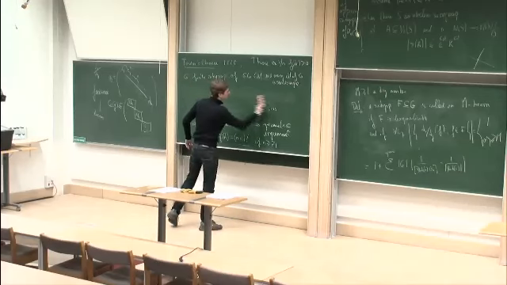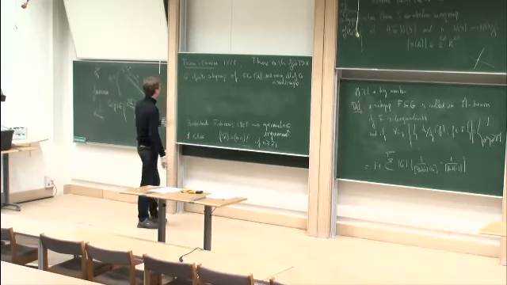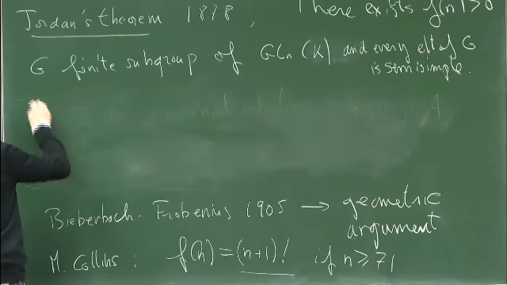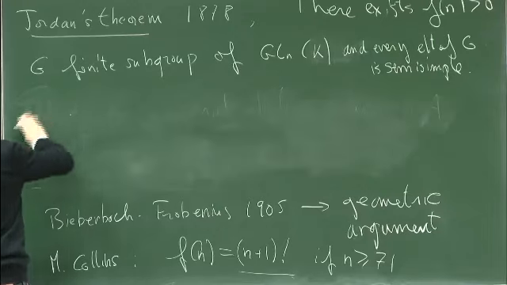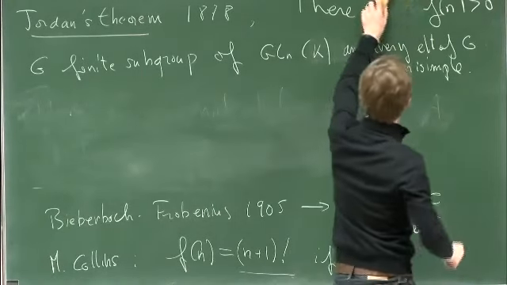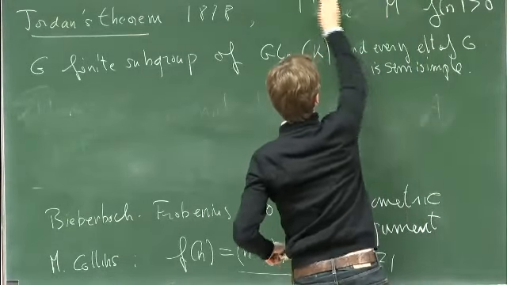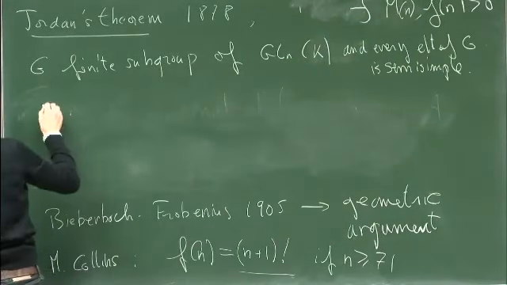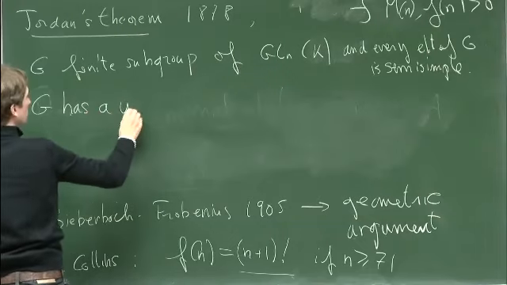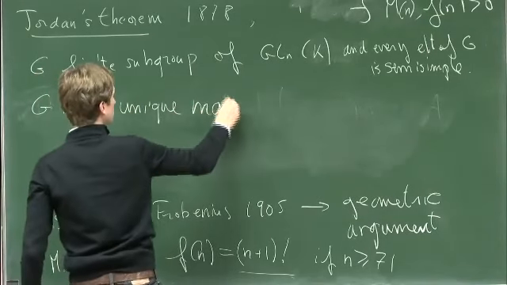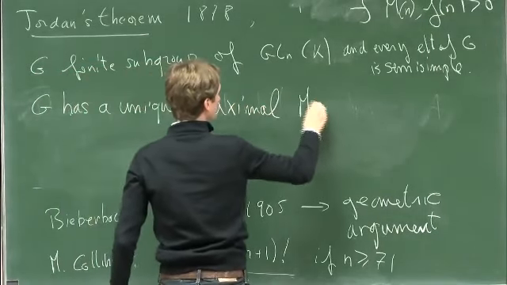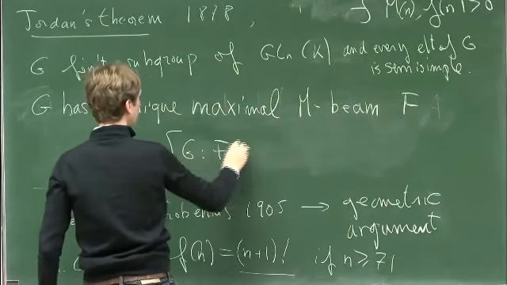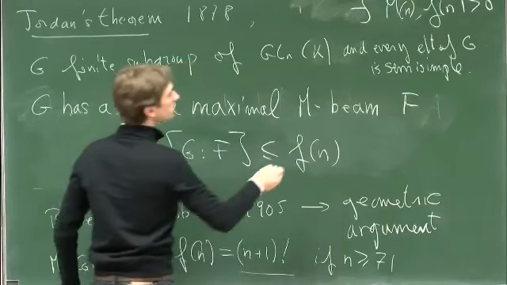So what are we really proving? We're proving that if G is a finite subgroup of GL_n(K), then there exists f(n) and there exists also m(n) such that G has a unique maximal m-beam F, and that [G:F] is less than f(n).